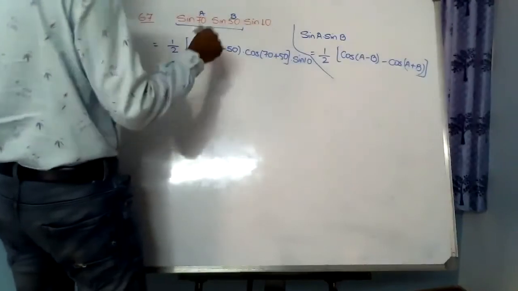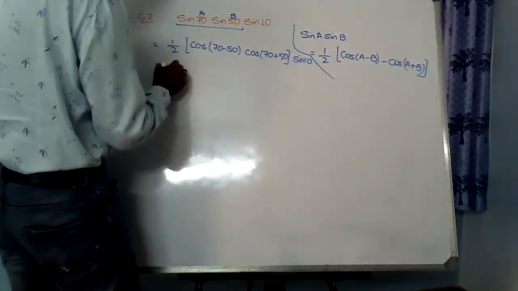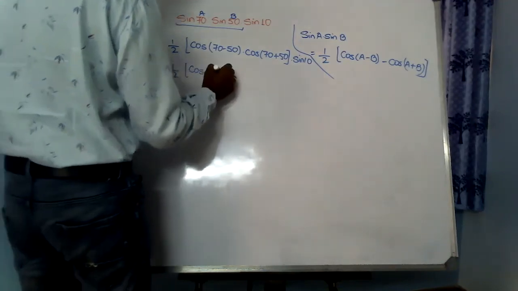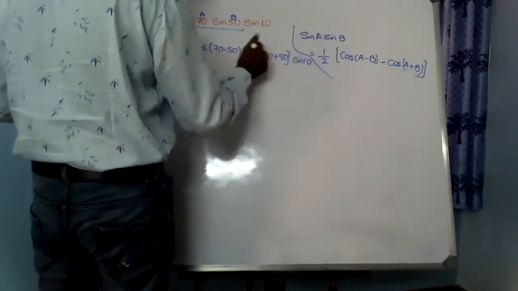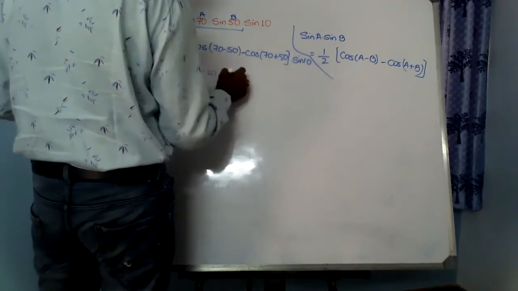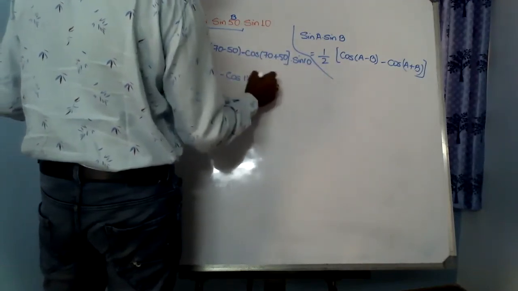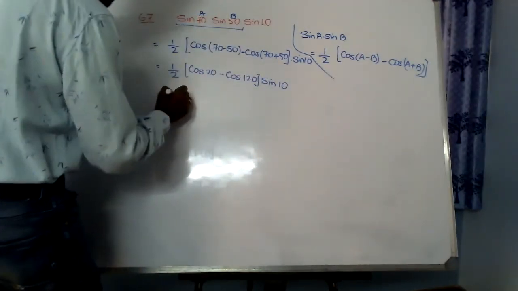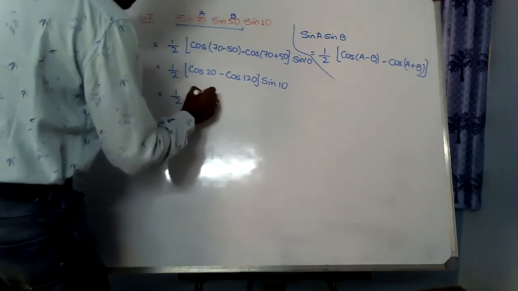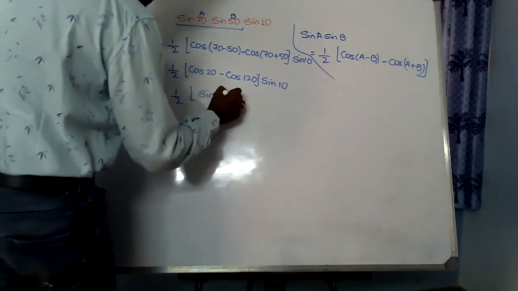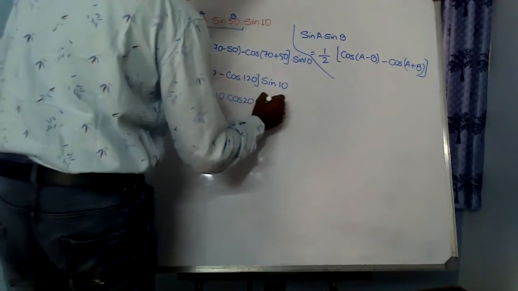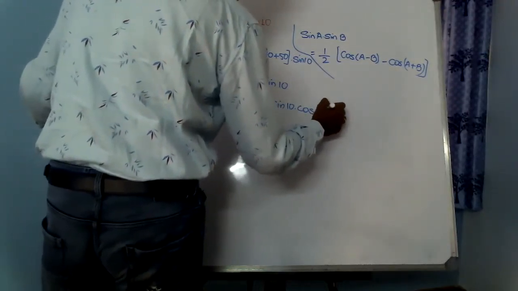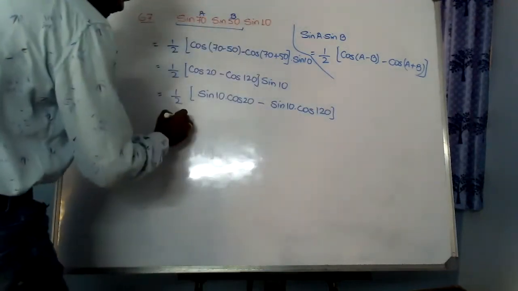Sine 10 I have just kept outside. So I get 1 by 2 cos 20 minus cos 120 multiplied with sine 10. Now this sine 10 I'll pull inside, let half be here itself. So half, sine 10 into cos 20 minus sine 10 into cos 120.